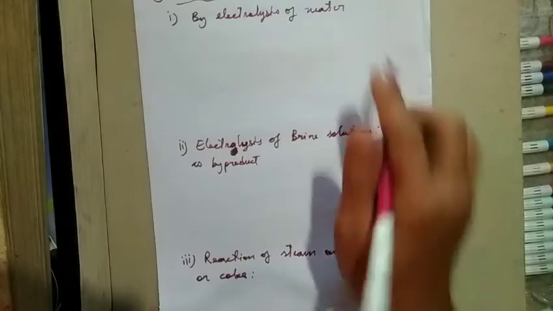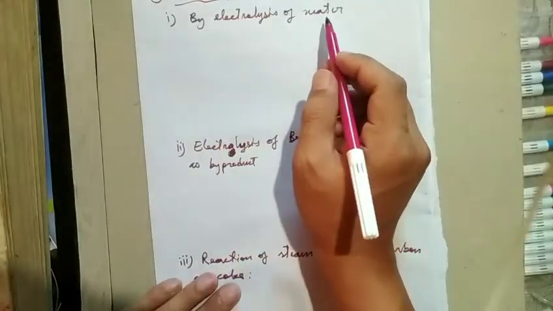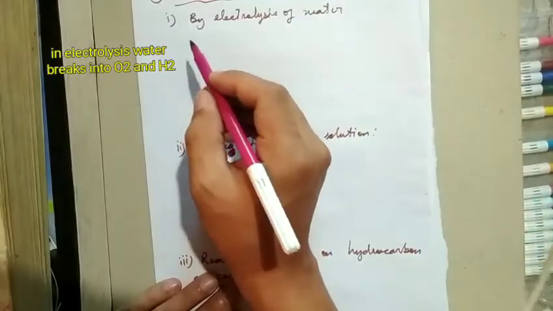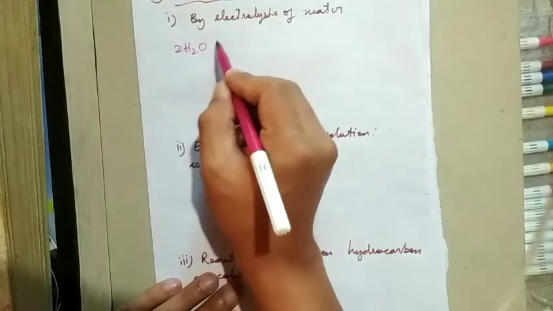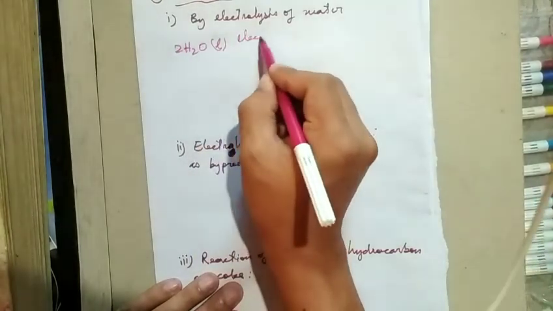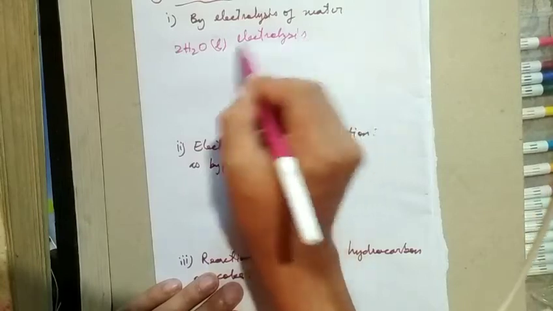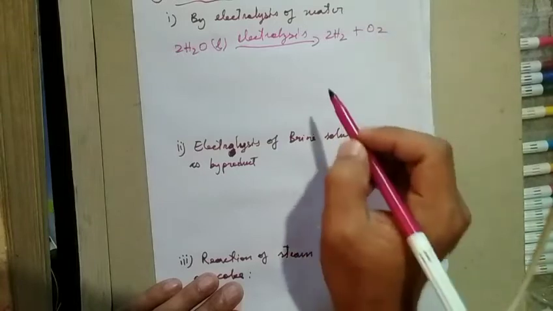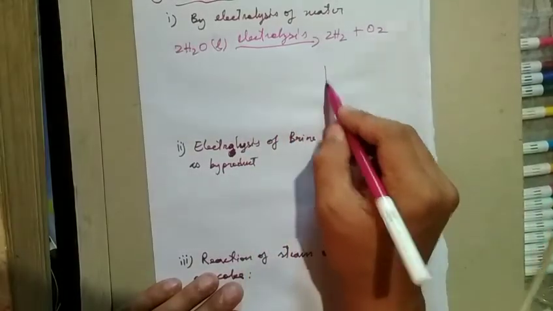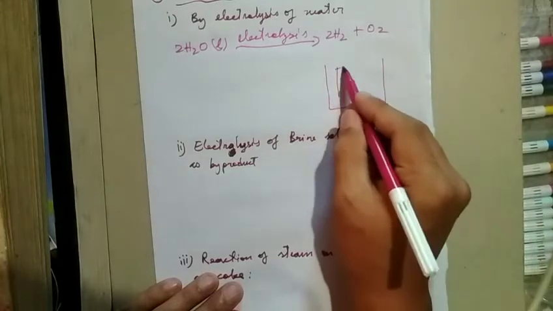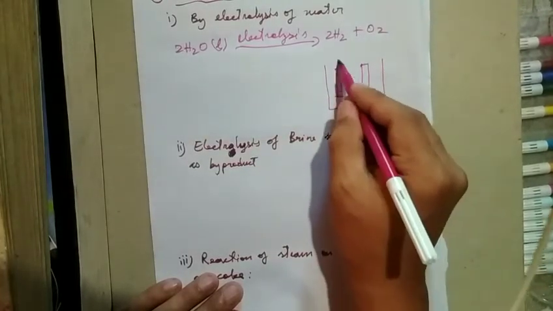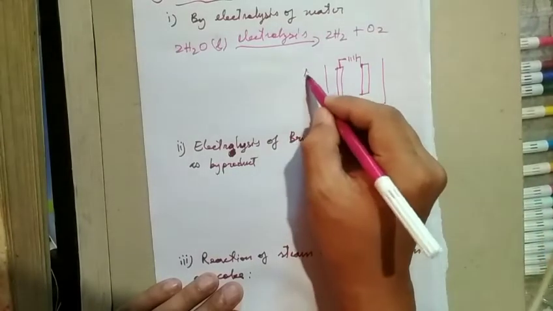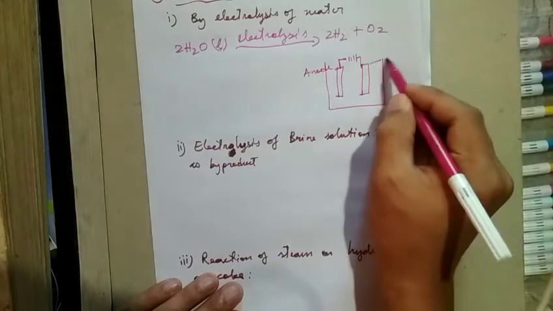Commercial production of dihydrogen is by electrolysis of water. Electrolysis of 2H2O liquid will give 2H2 plus oxygen. In electrolysis, 2 electrodes are connected to a battery. One will be anode and one will be cathode.